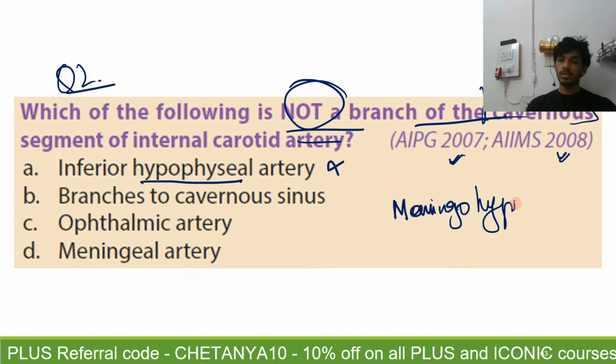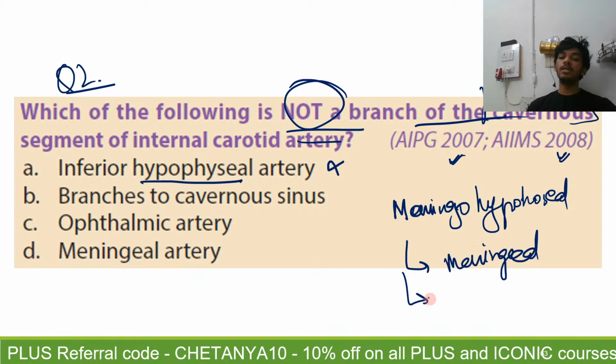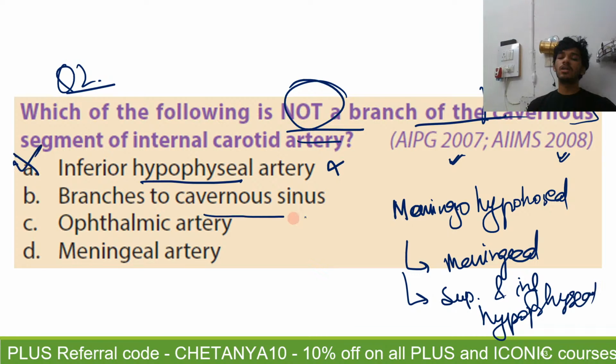So obviously it has to give meningeal branches and it has to give the superior and inferior hypophyseal branches, right? So obviously the answer cannot be A. A is the wrong answer. Now, if anybody else can enlighten me with the right answer here, that will be really great. So you have branches to the cavernous sinus.